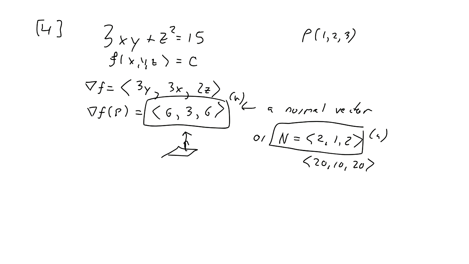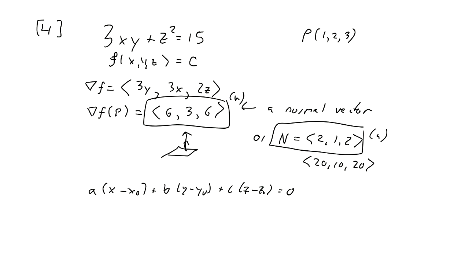For part B, I'm going to use the formula that a plane has an equation that looks like a times (x minus x naught) plus b times (y minus y naught) plus c times (z minus z naught) equals 0, where a, b, c are the components of your normal vector, and x naught, y naught, z naught are the coordinates of your point.